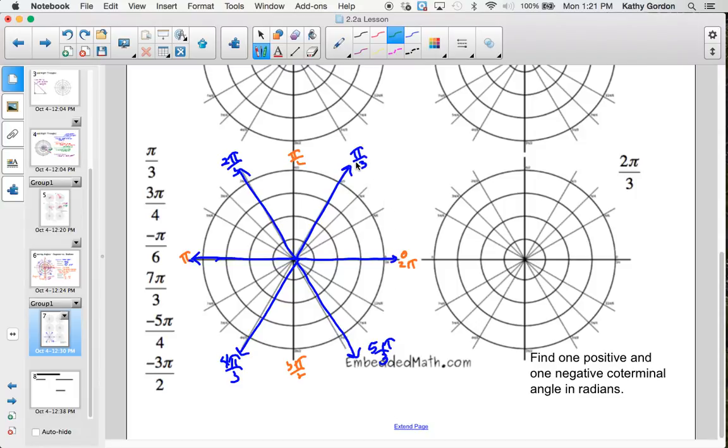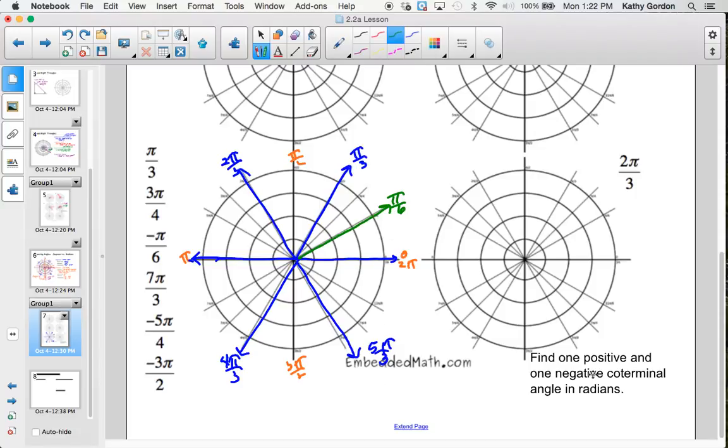So if this is pi over 3, what would halfway be? From here to here is pi over 3, so what would from here to here be? Pi over 6. Good. Okay, so this one is pi over 6.